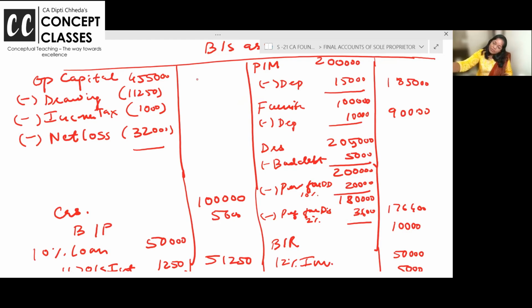Drawings, how much is it? My God, why have I taken down the figures wrong? Have you also taken them down wrong? Drawings is 10,650. One figure moved from above to below. 455 minus 10,650 minus income tax minus net loss: 4,11,350.